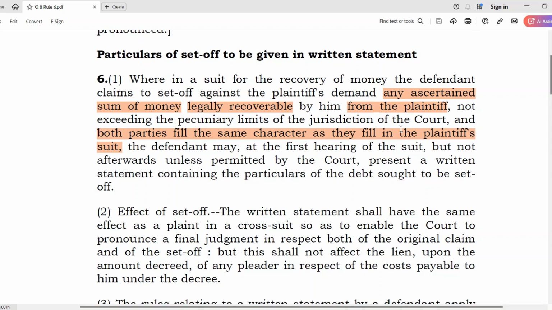Now, in that case, the defendant may still raise the claim for set-off arbitrarily or according to his own parameters, quantifying its damages. But then the court has to adjudicate and ascertain this amount of set-off. Therefore, this kind of set-off is treated as equitable set-off.